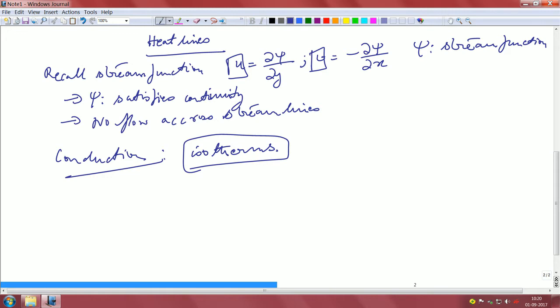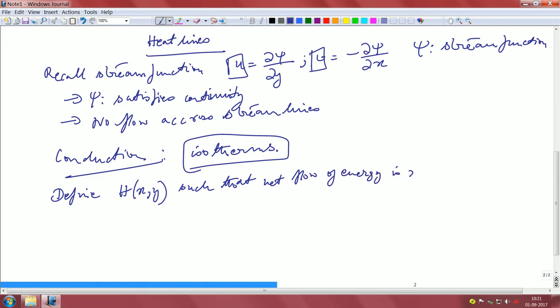So, following Professor Adrian Bejan, let us define something called H(x,y), an arbitrary definition such that the net flow of energy, in this case heat, is 0 across each h equal to constant line.